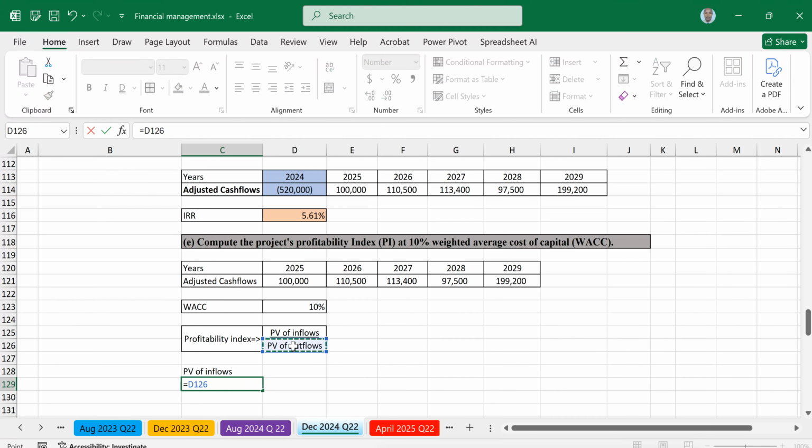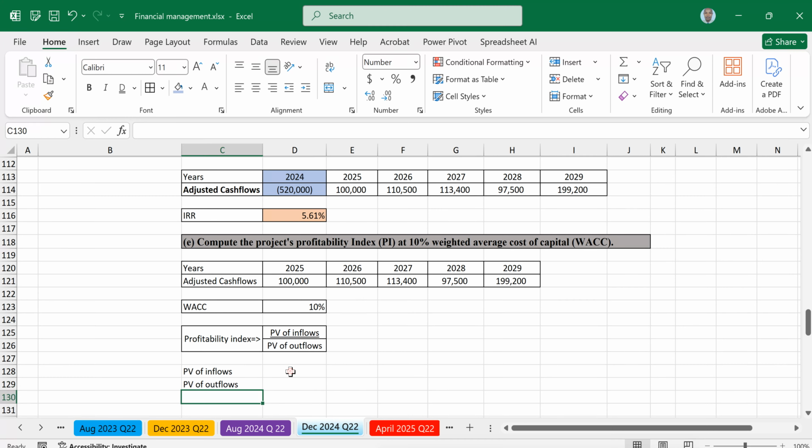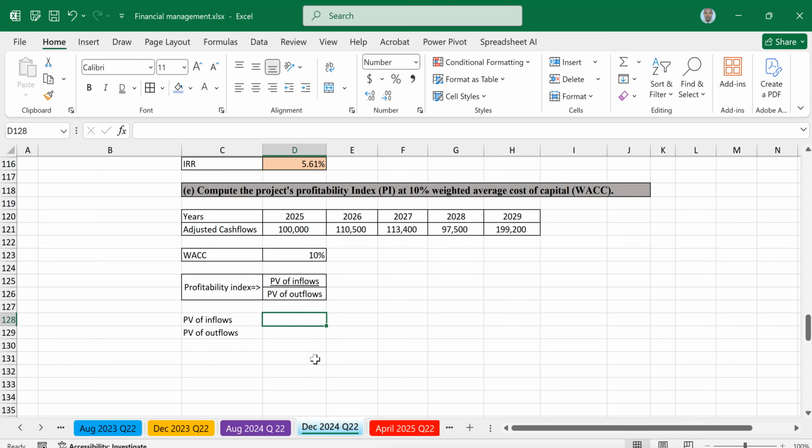Give me the PV of inflows and also the PV of outflows. The present value of inflows, use the NPV function. So you'll be using the NPV function, but don't add the outflow.